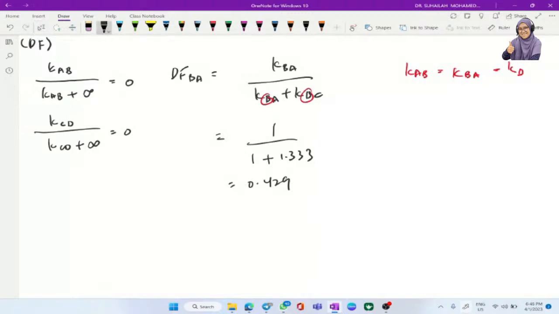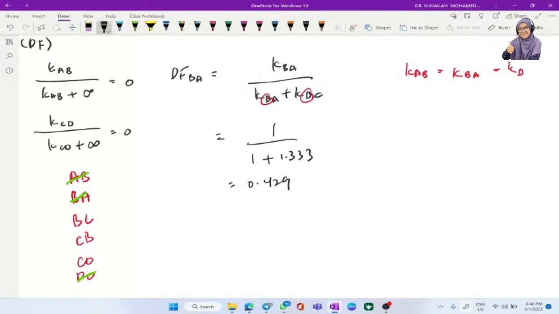Remember, we have AB, BA, BC, CB, CD, DC. Now we want to calculate DF for BC.